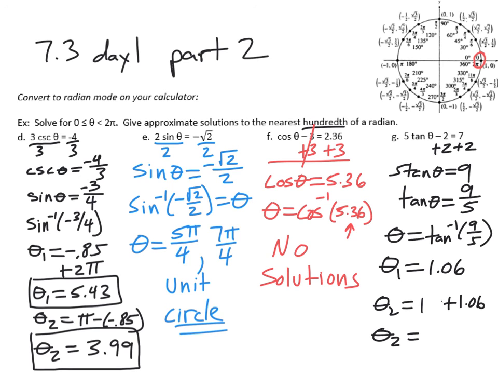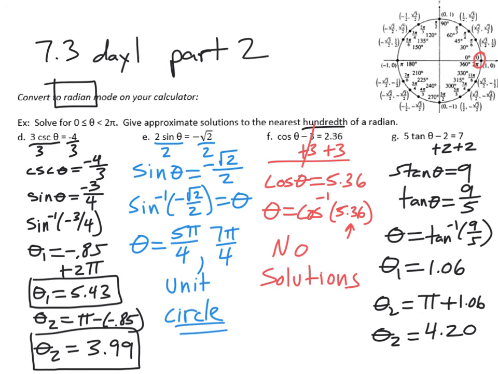I mean, sure, that's true: 180 plus your first answer, if you're working in degrees, which we are not. That was an amateur move right there. It's pi plus 1.06. It says right here, radian mode. Sorry about that. 4.20.